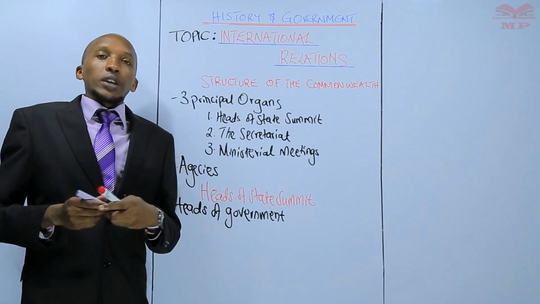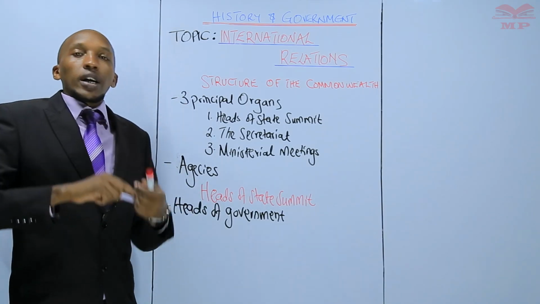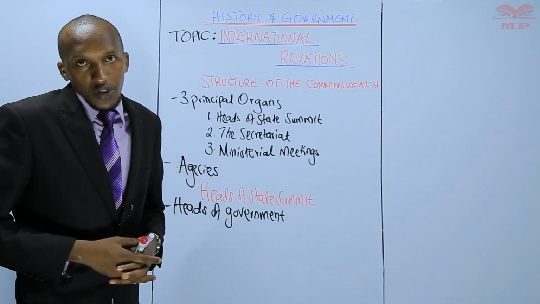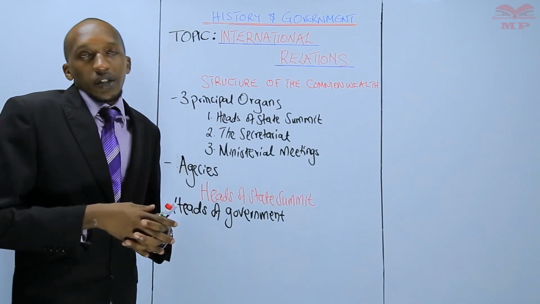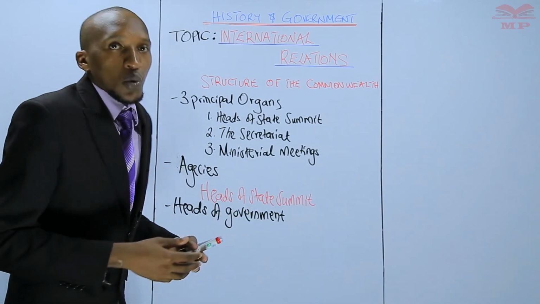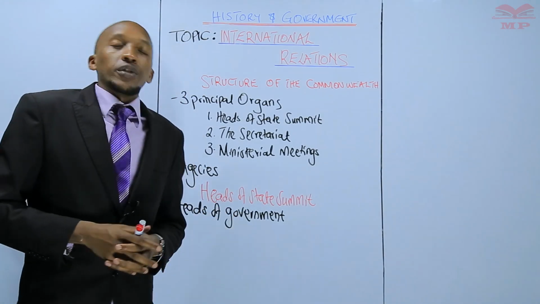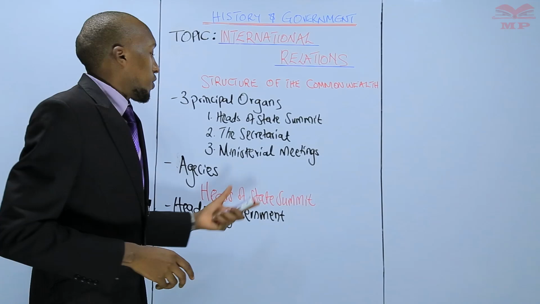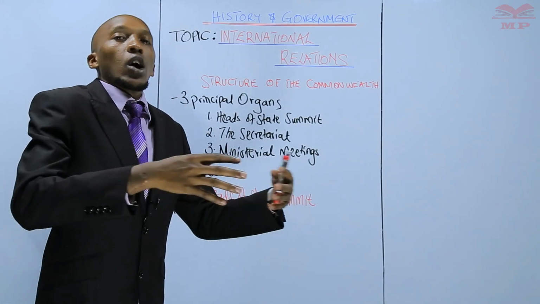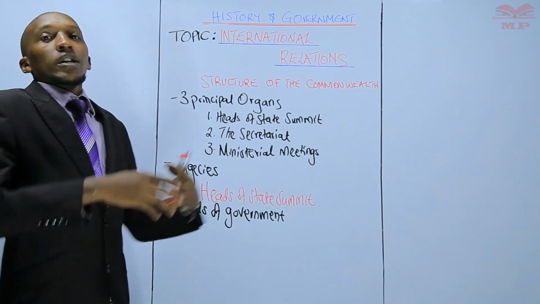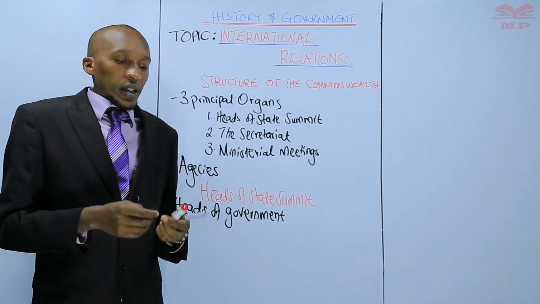It could be a president or a prime minister. Different countries have different systems. For example, in Kenya you have a president, while other nations have prime ministers as the head of the country. Whether you are the president or the prime minister, you come together in one meeting.